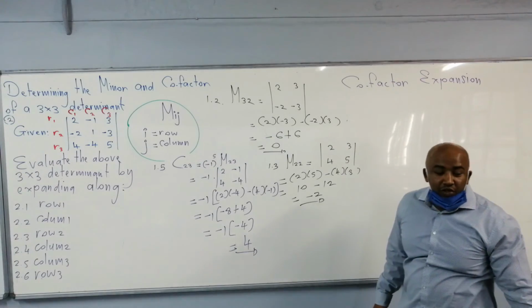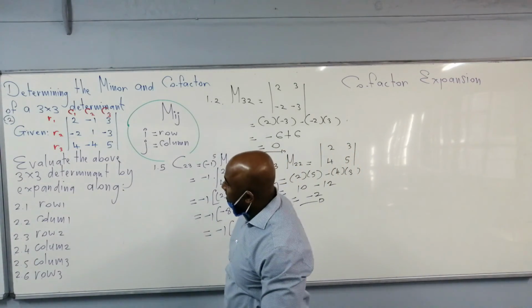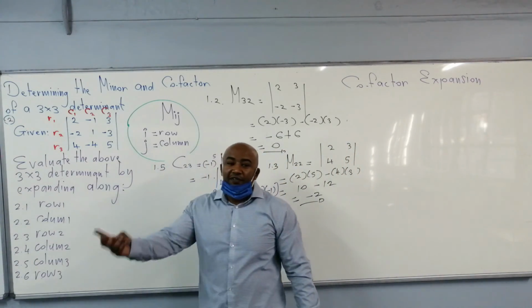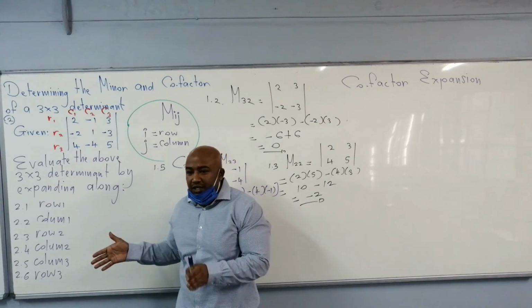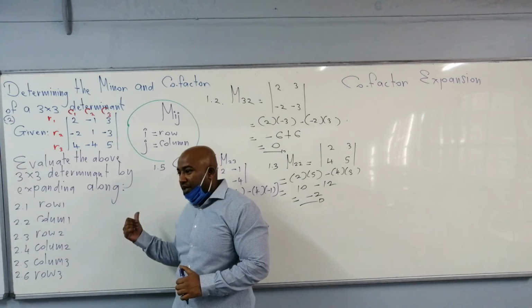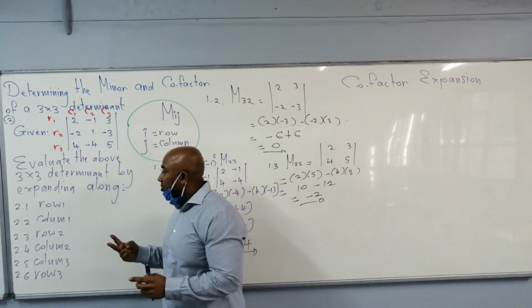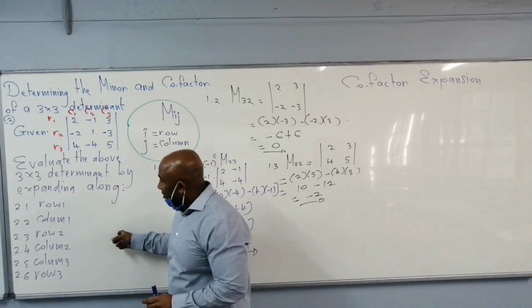There is another method to evaluate a 3 by 3 determinant, but you have to know both methods. The other method is much easier or much shorter than what we are doing now, but you have to know both methods.